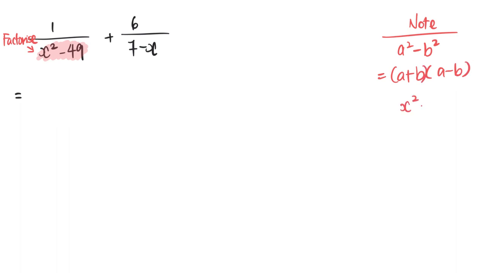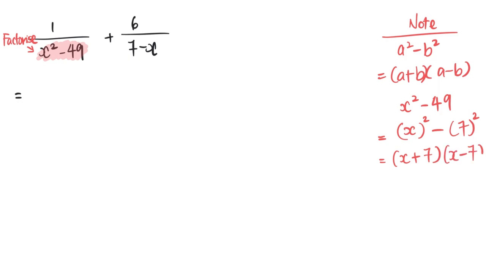So x squared minus 49 can be written as x squared minus, very good, 7 squared. So this will give me x plus 7, x minus 7.